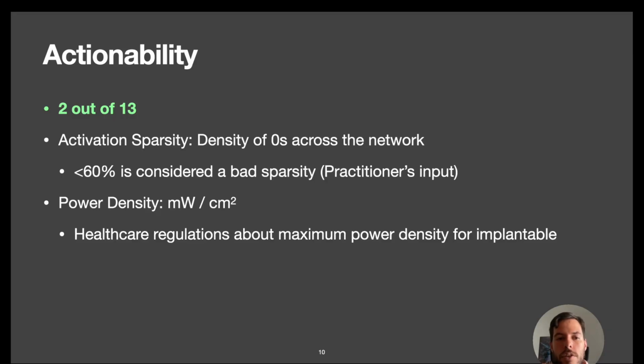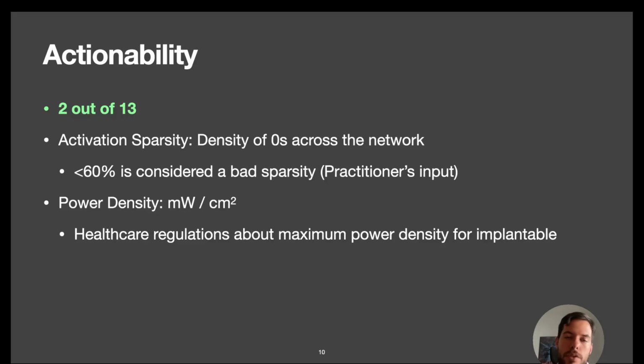And the second actionable metric we found is power density, which is power per area for a chip. This is actionable due to the context in which we are working, which is implantable chips.